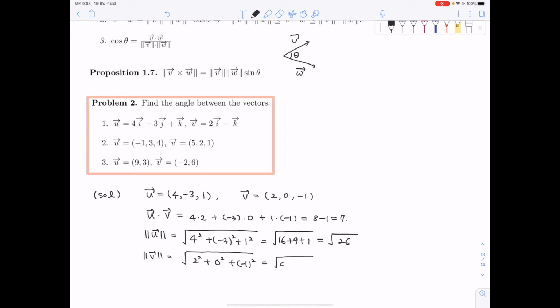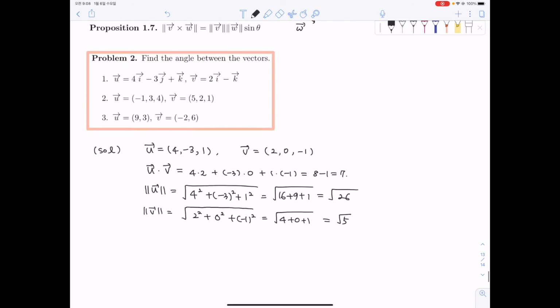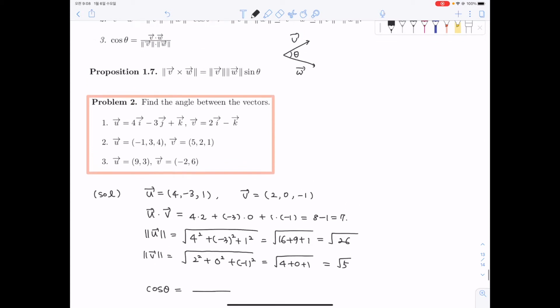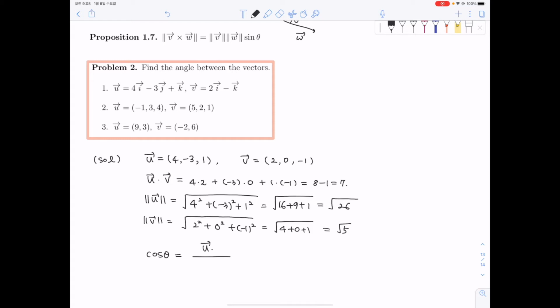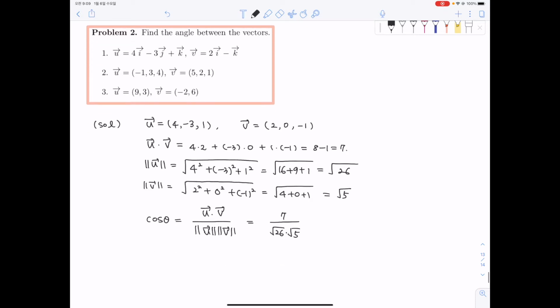So it is 4 plus 0 plus 1, so it is root 5. So by our equation, cosine theta is given by u dot v over the multiplication of these two norms. So we know that it is 7 over root 26 times root 5.